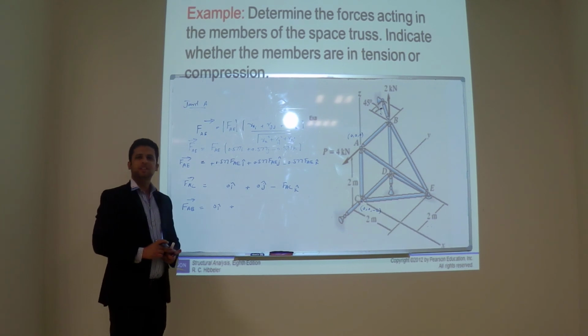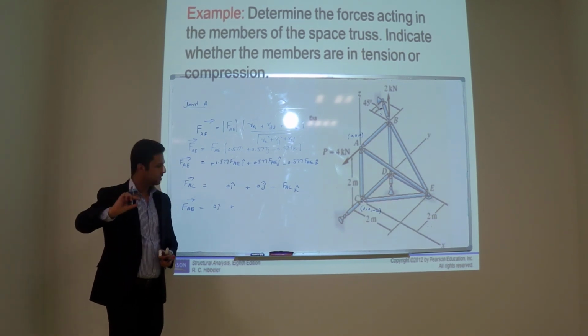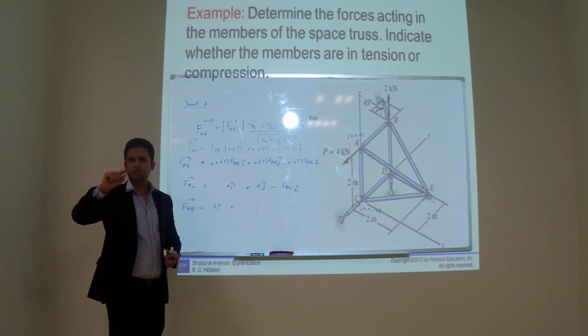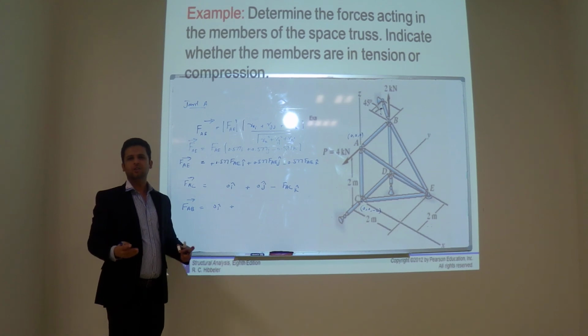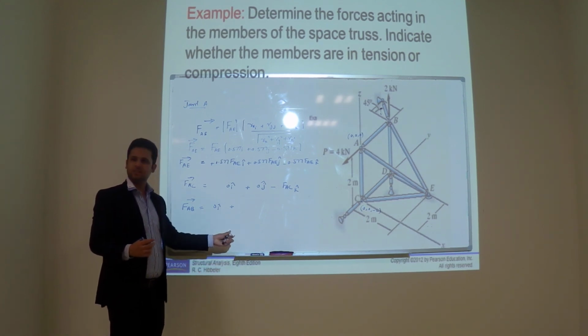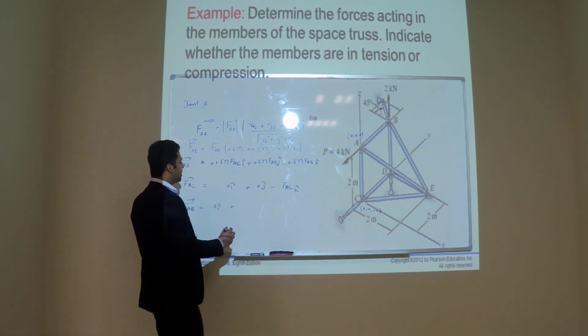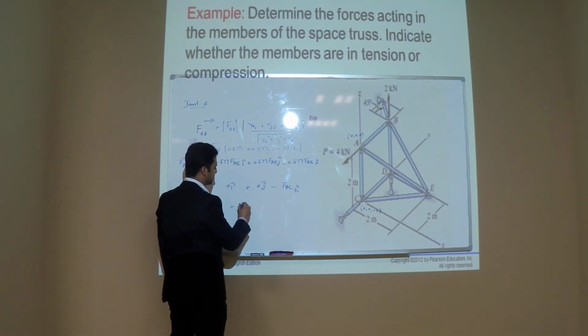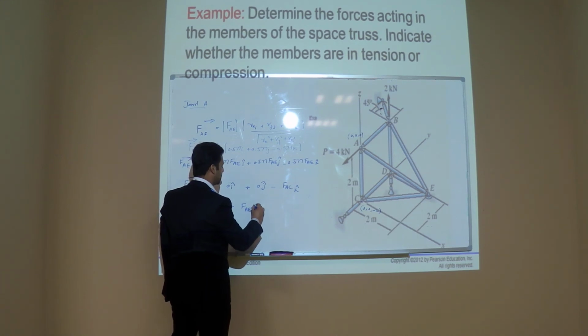It will be just 1, not 2, because the coordinate is divided by the square root of the square, so it cancels out. So it will be FAB j.